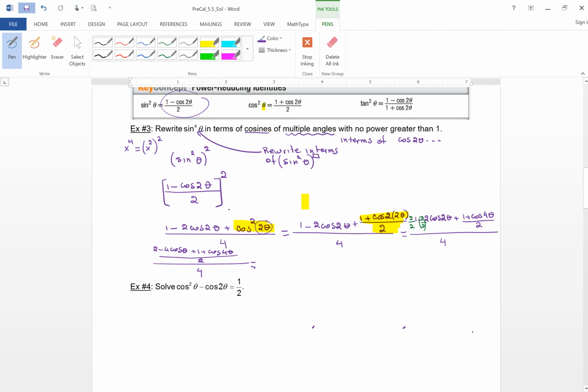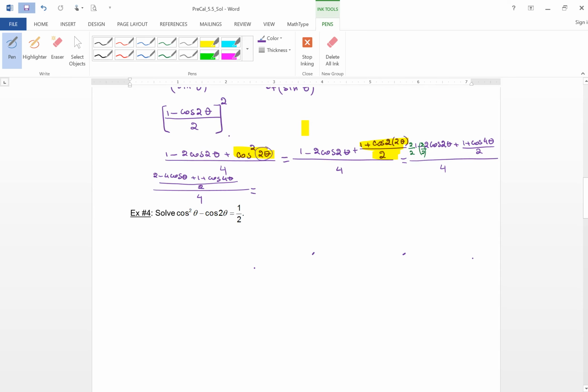So now I have a fraction divided by 4. So this is 2 minus 4 cosine 2 theta plus 1 plus cosine 4 theta over 2, times 1 over 4, because something divided by 4 is that times 1 over 4. Here we have an 8 on the bottom.